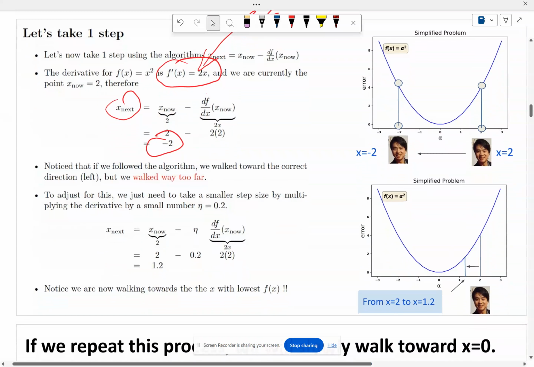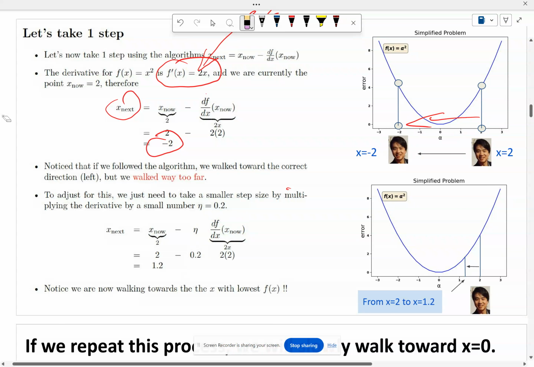So normally, instead of walking too far, we multiply how far we walk by a small number, which we call eta. So we don't just walk the full derivative. We take the derivative and walk a percentage of that, like 20%.